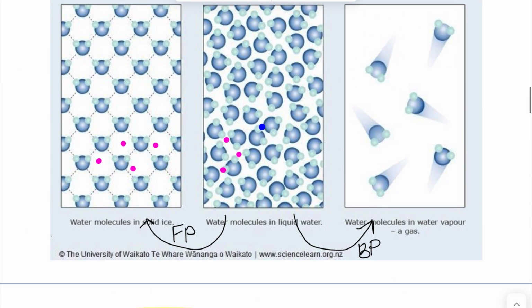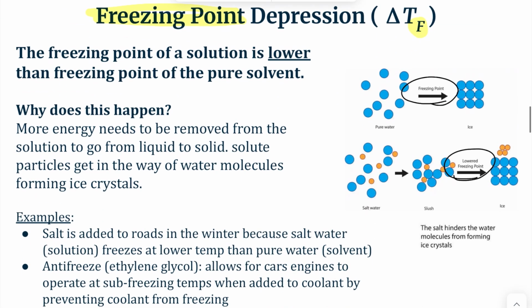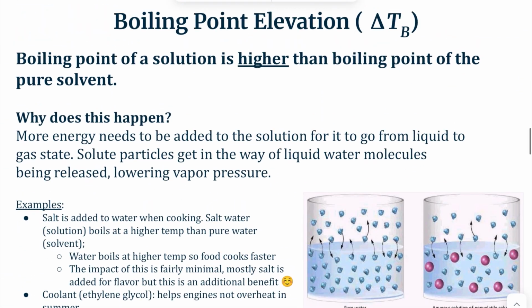So for boiling point, we're going from liquid to gas. And so with that boiling point elevation, a similar picture to the one before, now if we have pure water, you've got these molecules going from a liquid state to a gas state. Now, as that's trying to happen, we have molecules of a solution that are getting in the way, and it's going to need more energy in order for our liquid molecules to go to gas.